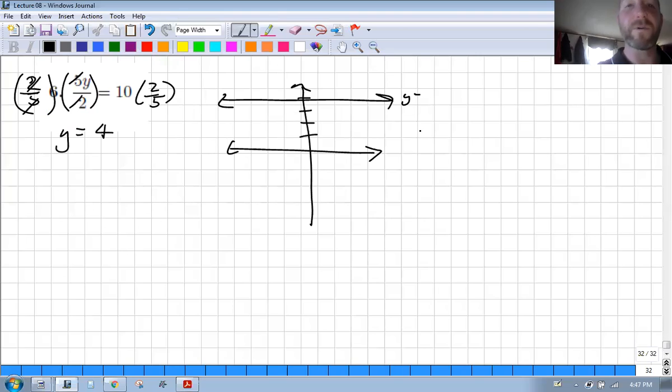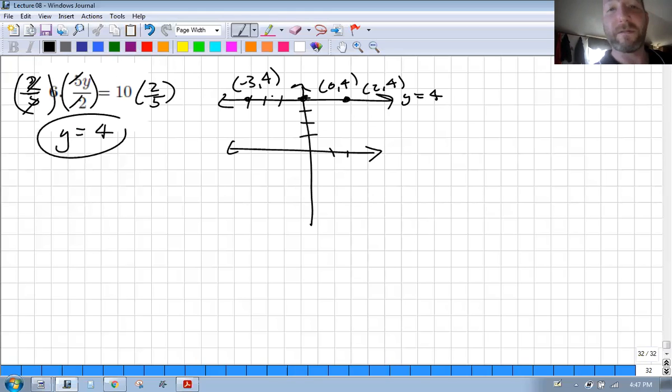That's y equals 4. Notice this point here is 0, 4. This point here would be 2, 4. This point here would be negative 3, 4. Every single point on that line has a y value of 4. It doesn't say anything about x. So x takes on all possible values, and that's how you get a line.